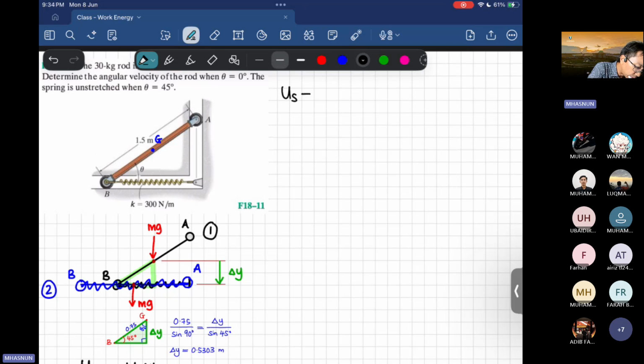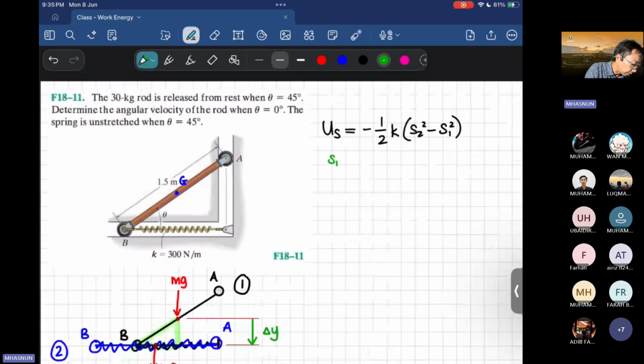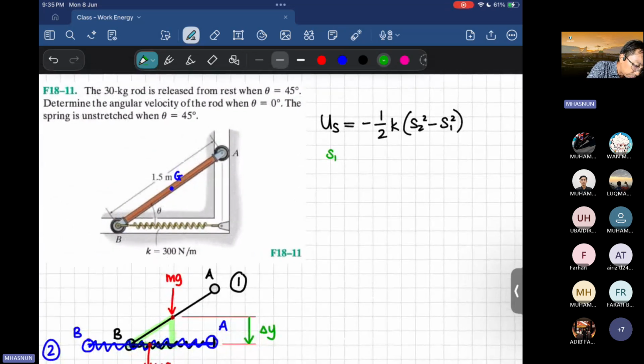US is equal to minus 1 over 2 K, S2 squared minus S1 squared. Okay. So K is given, 300 Newton per meter. In this figure it is written. So we know the value of K. Now we need to find what is S1. So S1, it says here, when theta is 45 degrees, the spring is unstretched. So we know S1 equals 0.